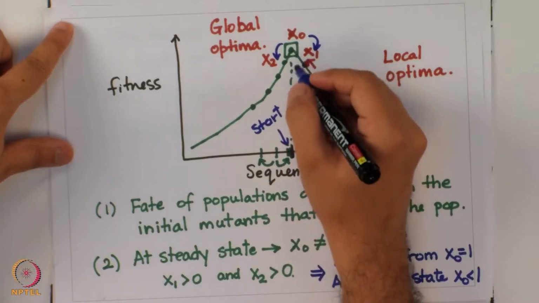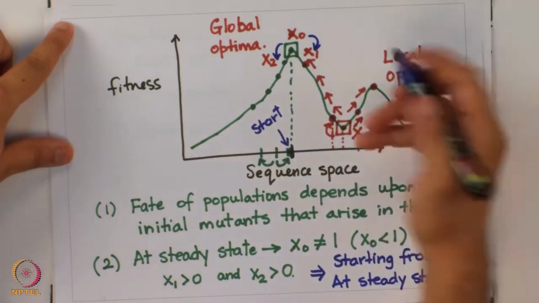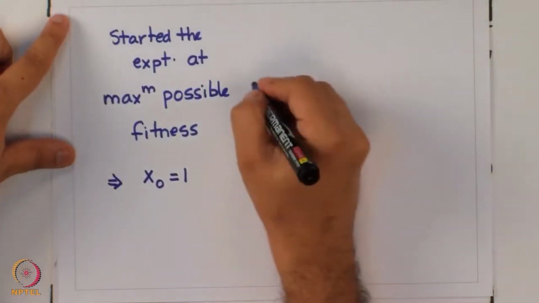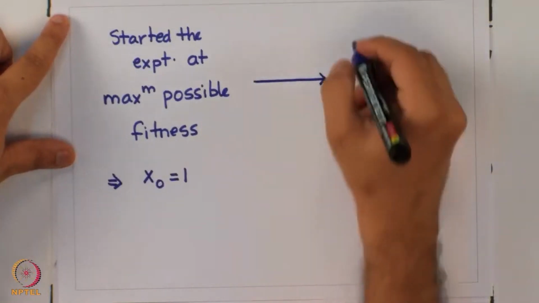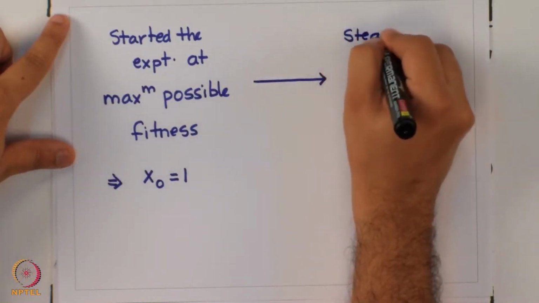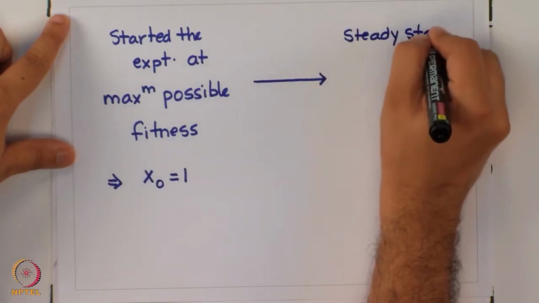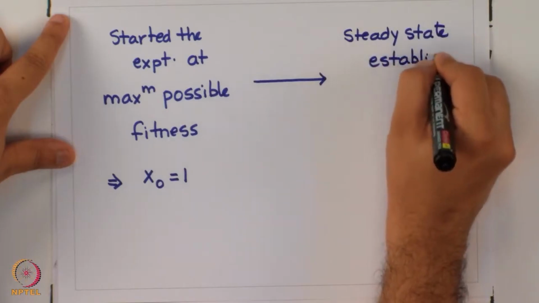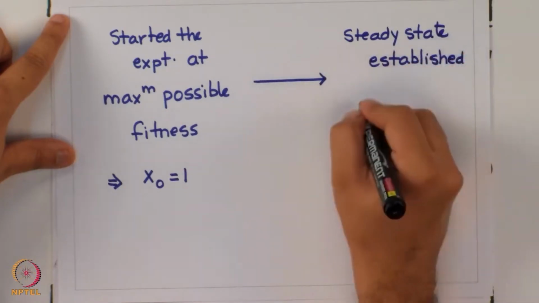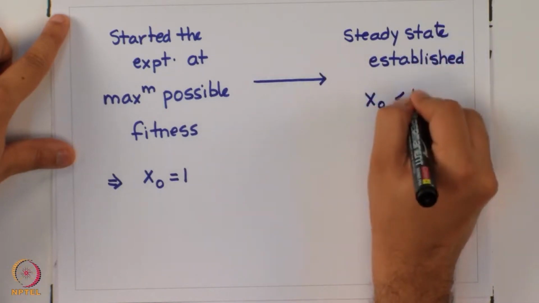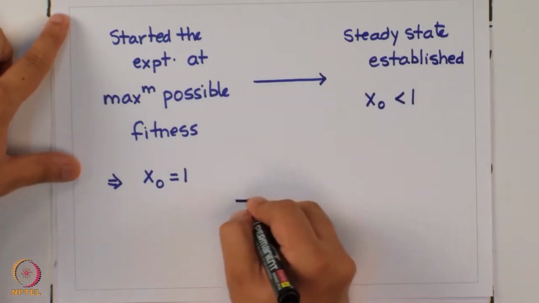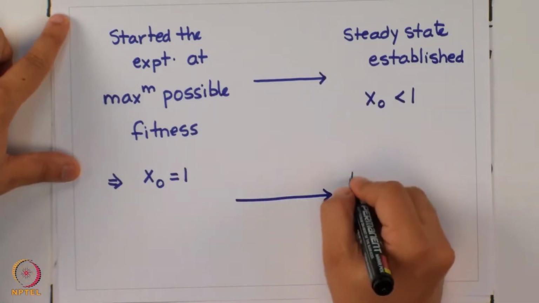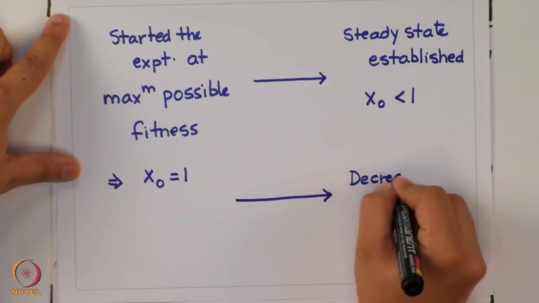So, the average fitness of the entire culture that I started with was maximum, but as steady state is established, because of mutations taking place in the system, x naught at steady state is less than 1. What that implies is, as I move in this direction from start of experiment to the steady state, there is a decrease in fitness.